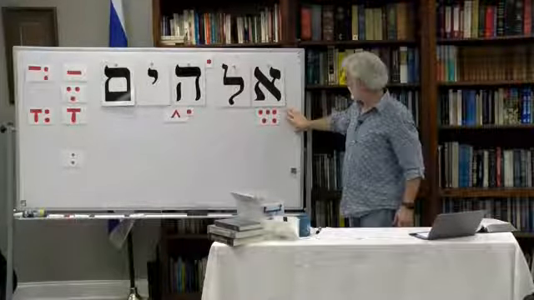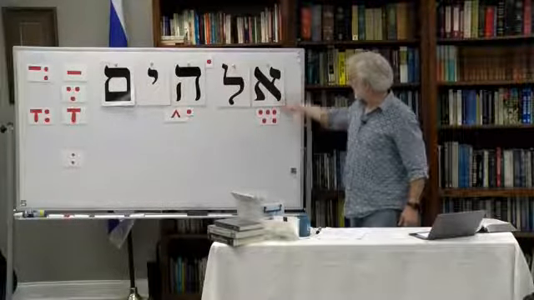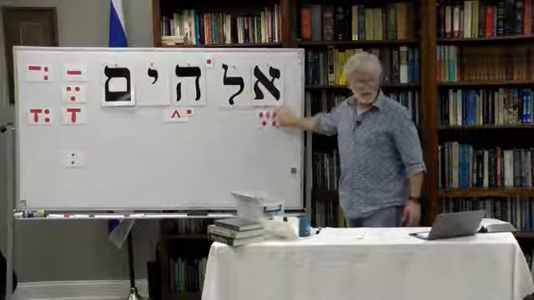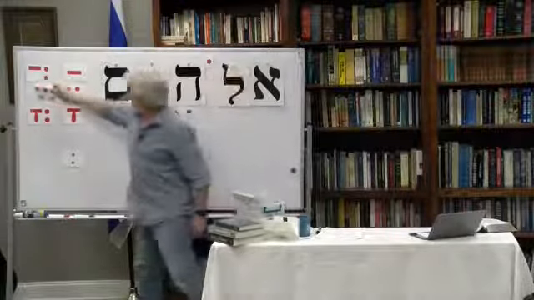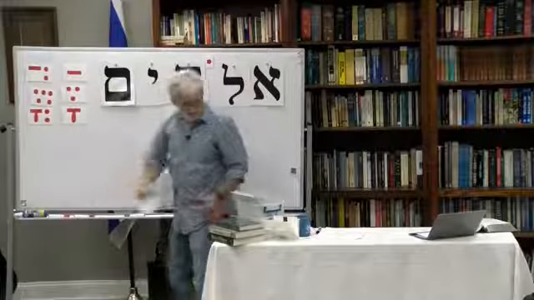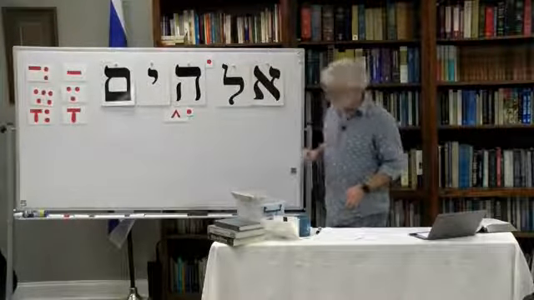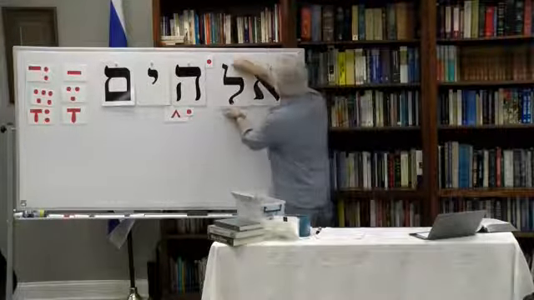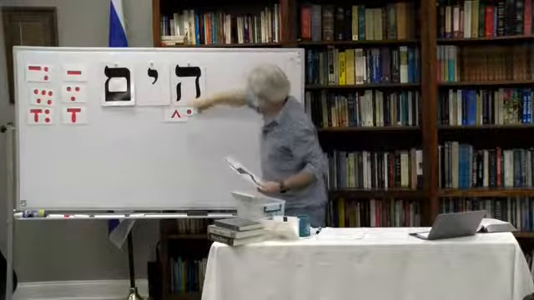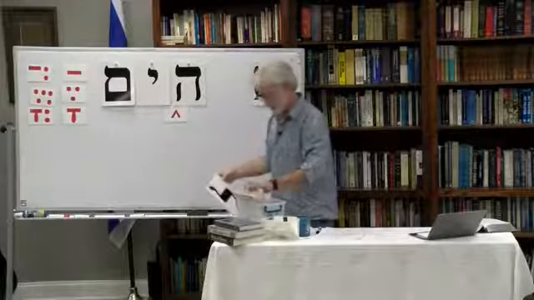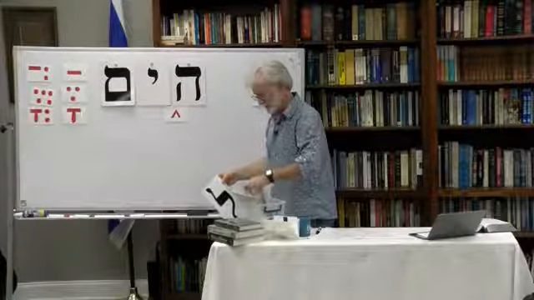We're going to talk about this a little bit. It occurs under the Aleph in Elohim in our example. I'm going to put this over here because we're going to go through some examples here and you'll understand in a moment why. Clear some of this off so that we're ready for our next example.